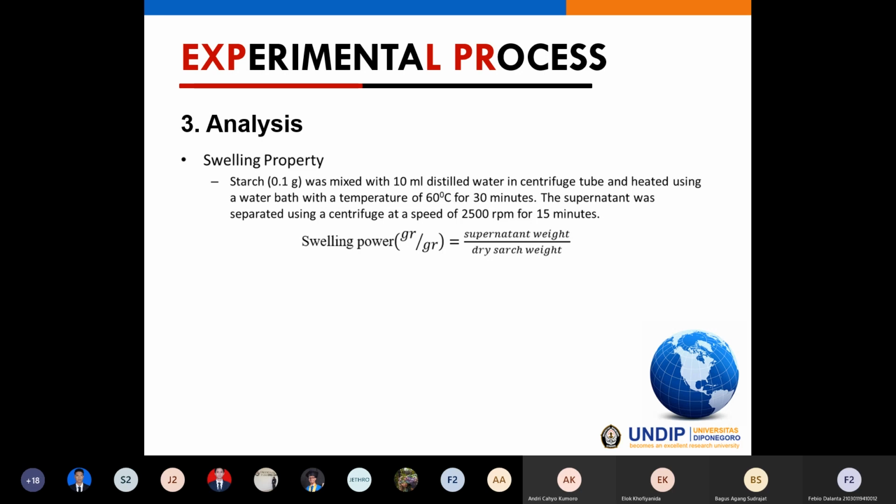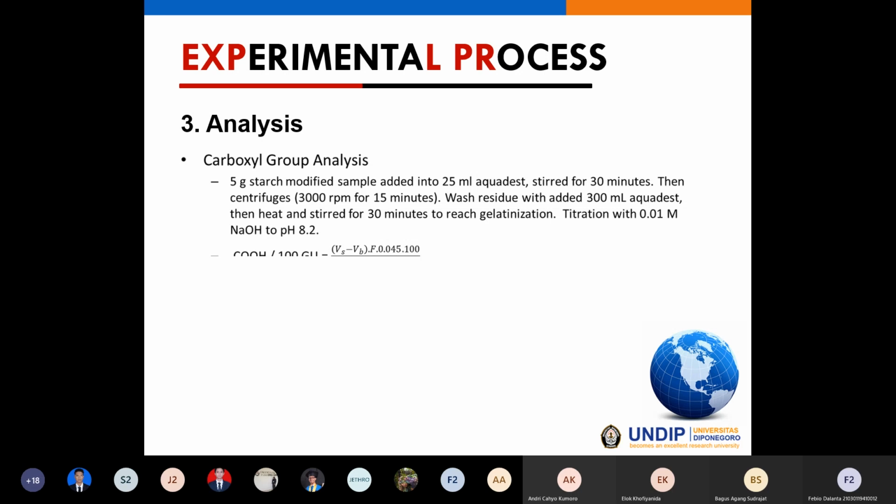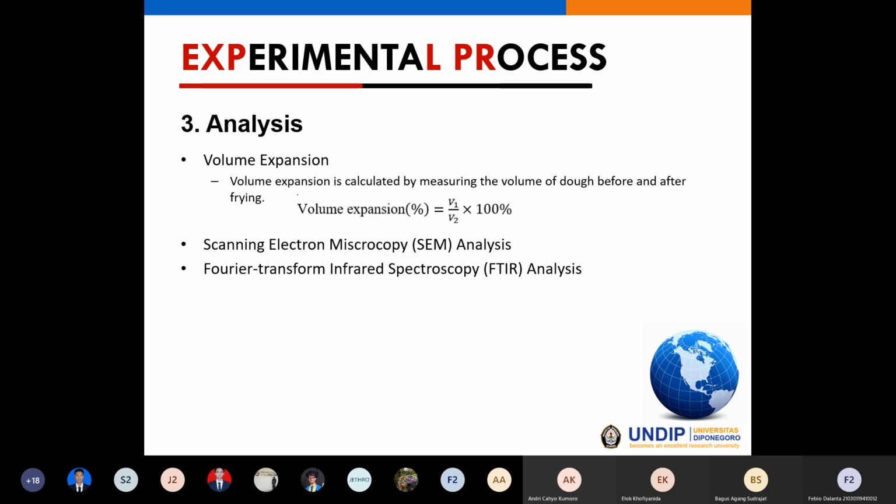For the analysis, I analyzed the swelling property of the starch, the carboxyl group, the volume expansion, the solubility, and the carbonyl group.